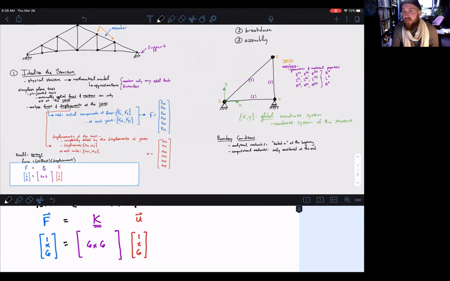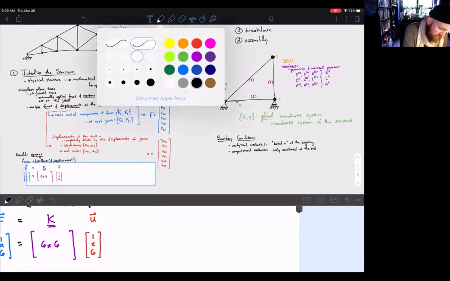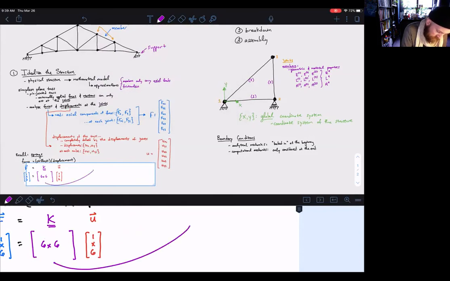The stiffness matrix is kind of awful to write out in symbolic form, but I'll show you a little bit of how it'll look just to give you a sense. For instance, you would expect there to be some sort of connection between the force at x1 and the displacement at x1, and some sort of connection between the force at x1 and the displacement at y1.